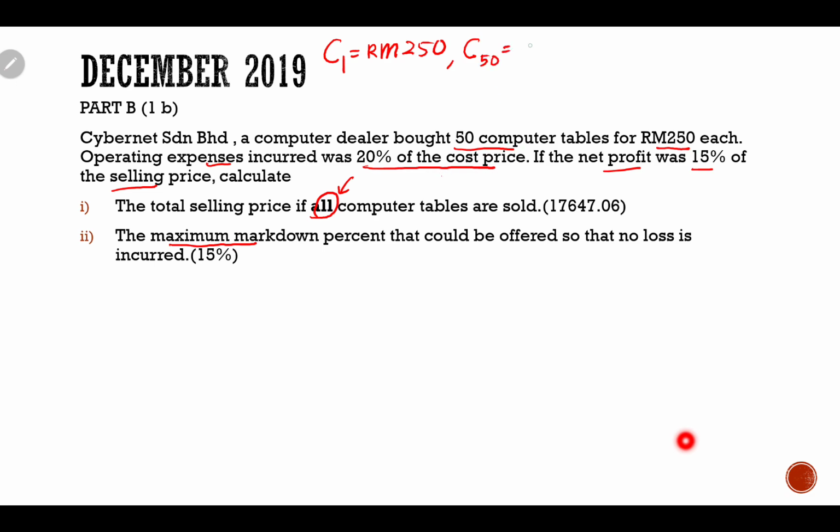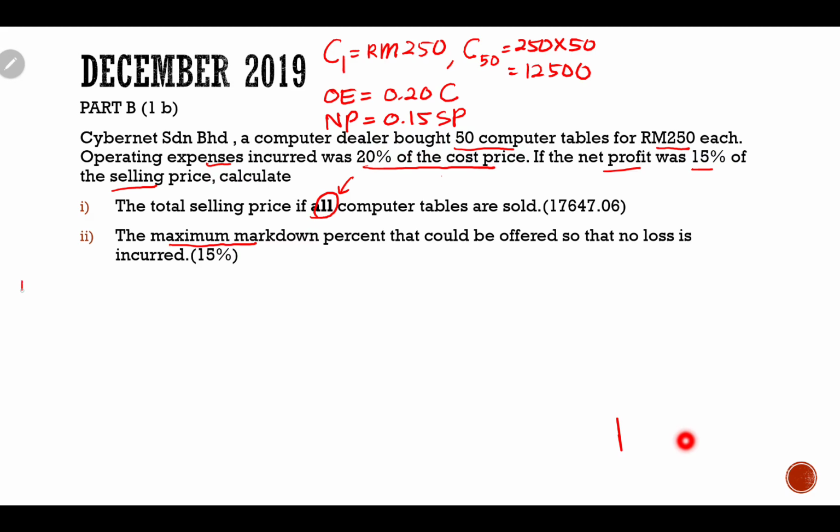We have 50 computers, so 250 times 50, we have a total cost of 12,500 ringgit. And we do have the operating expenses of 20%, 0.20 of the cost. And we do have the net profit of 0.15 of the selling price.